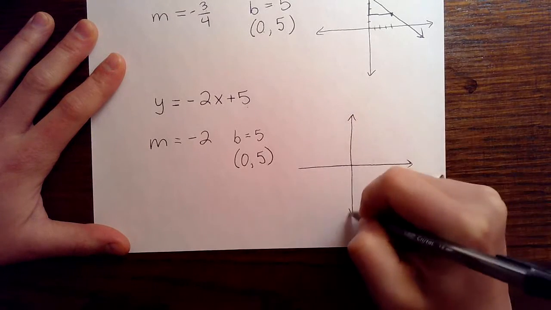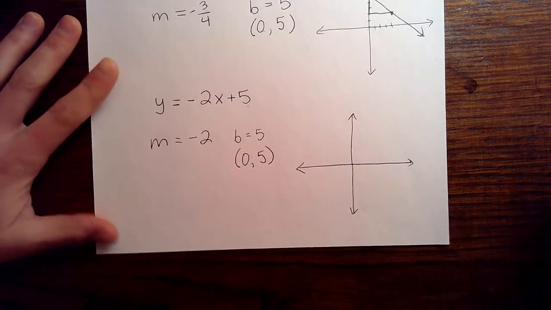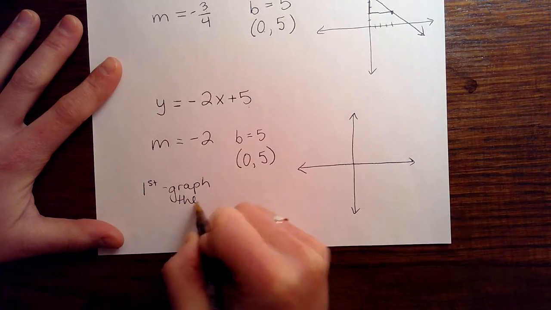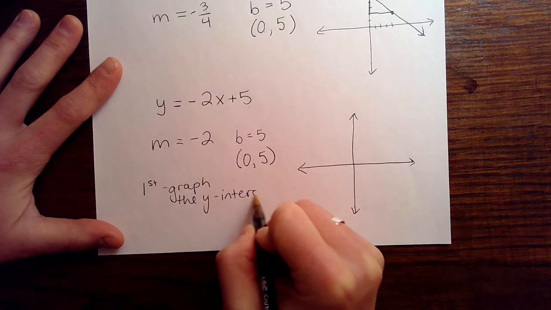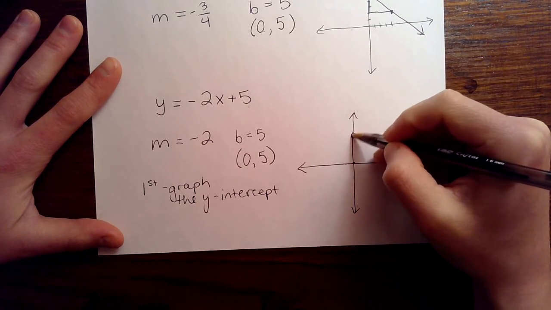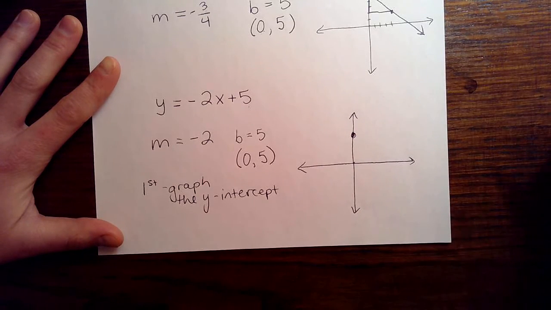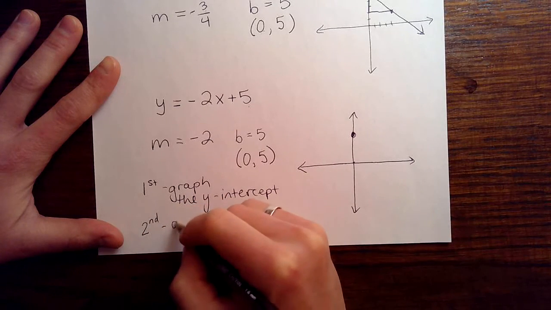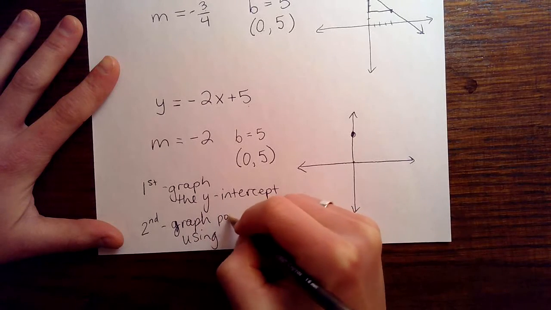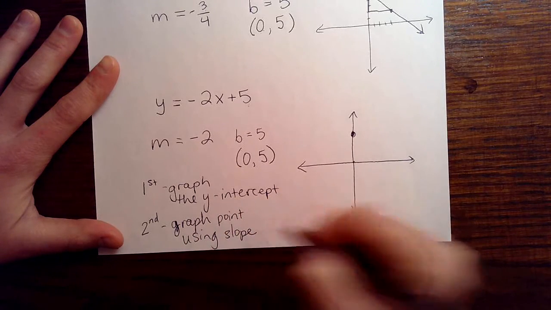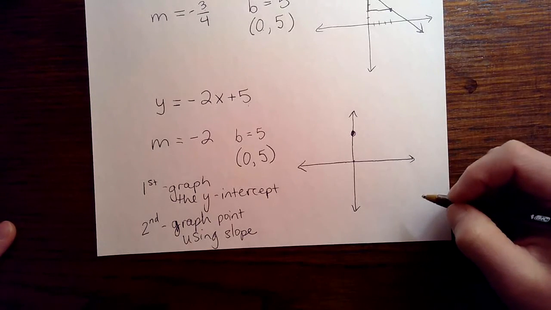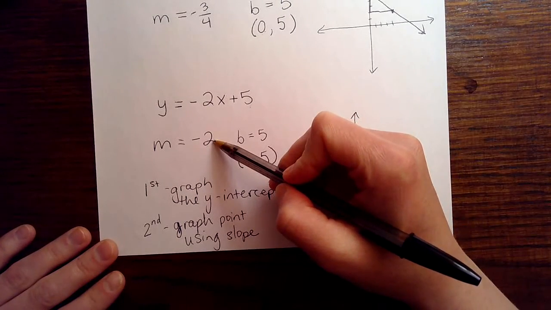When I go to graph this, first I graph the y-intercept, 0, 5. Second, I graph another point using the slope. The slope tells me the rise over the run to get to another point. But this is not written as a fraction.